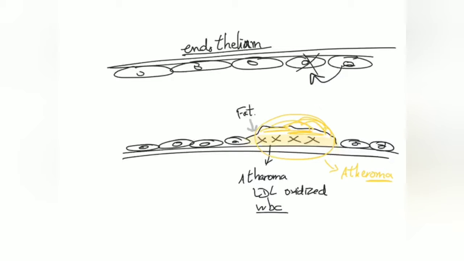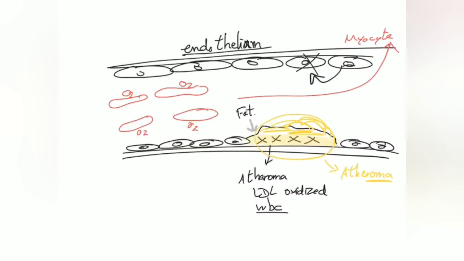So you see what can happen with that. Say you have 4 red blood cells with oxygen going into the tissue, and in this case we're talking about the heart. This is called the myocyte, the heart tissue. When this fat just keeps increasing in size, I'm going to show you on the slide again, the vessel, here's the myocyte.